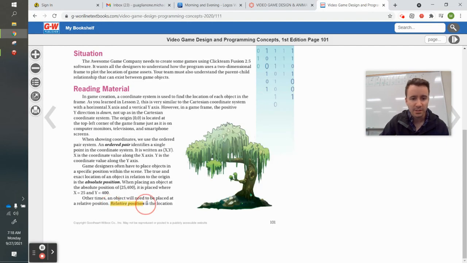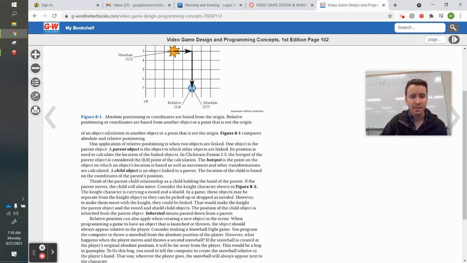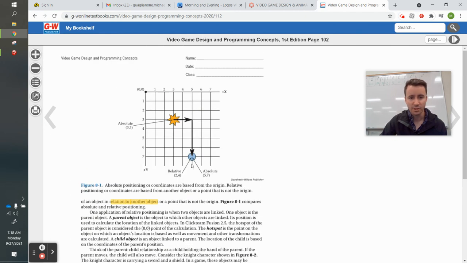The relative position is the location of an object in relation to another object, or a point that is not on the origin. So you'll notice that there's two things here. We have an absolute position, which is this point 3, 3. So 3 in the x, or 3 in the y, 3 in the x direction. Notice how these are different than they are in math. So x, y, this would be a negative y.